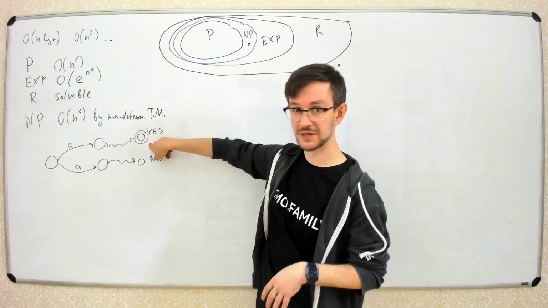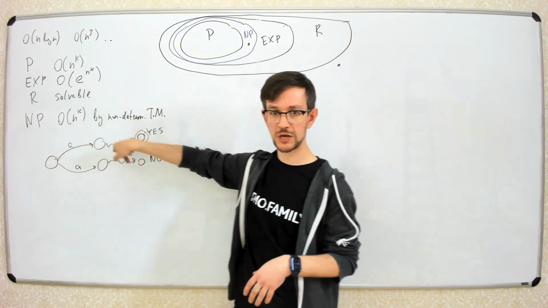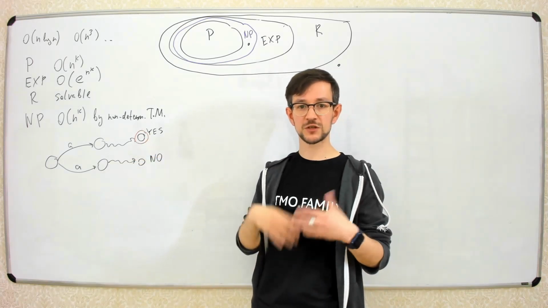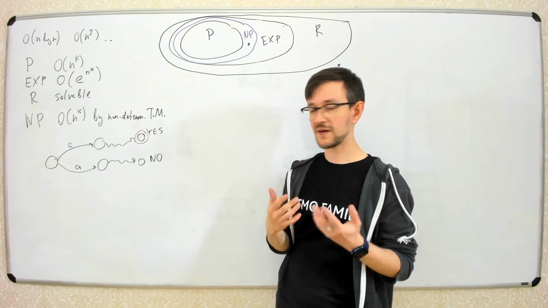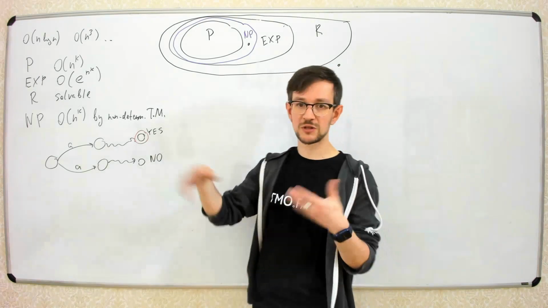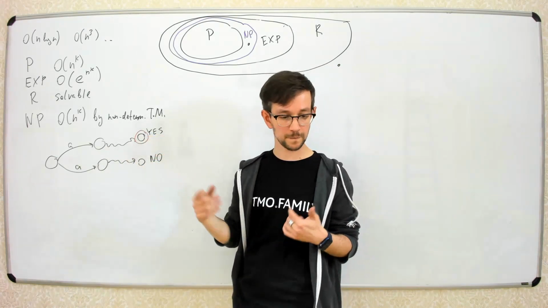He knows the answer is yes, so he shows you which transitions to take to move to this state yes. And if the answer is no, then it is impossible to reach state yes. This man gives you some instructions, but it's actually impossible to reach the state, so you reach the state no.